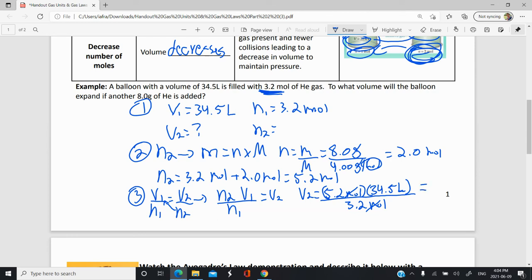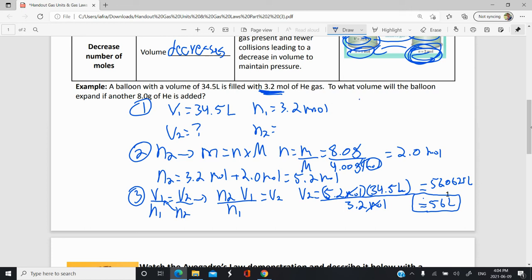So now we can cross moles out, we get liters. So we get 5.2 times 34.5 divided by 3.2. And we get about 56.0625 liters, which is approximately, we want to have 2 sig figs, so 56 liters is our V2. So by adding more moles, we've increased our volume.